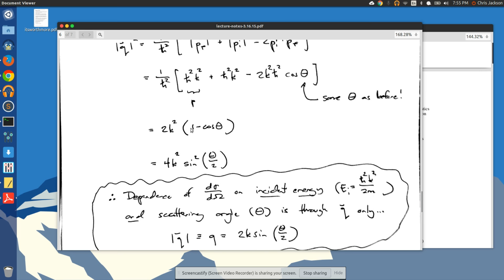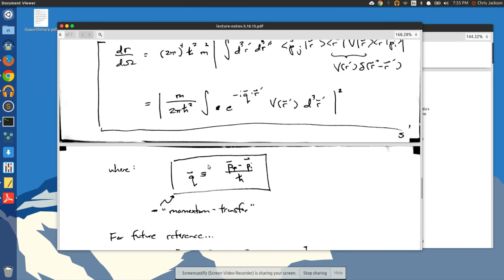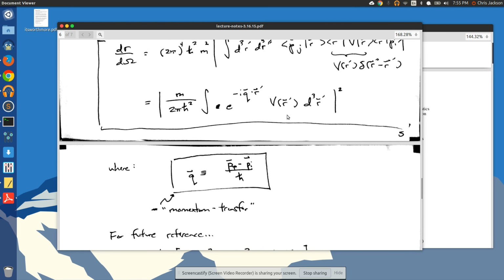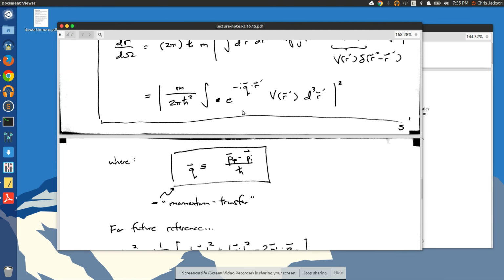If you want to be fancy, you can use one of your trig identities and rewrite this factor of 1 minus cosine theta in terms of a sine squared of the half angle. But the important point is that if you look at this expression for the cross section, all the dependence on the energy, the initial energy, and the angular dependence is all locked up inside of this momentum transfer.